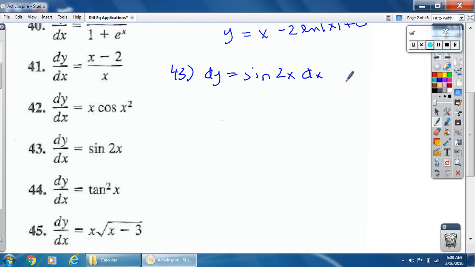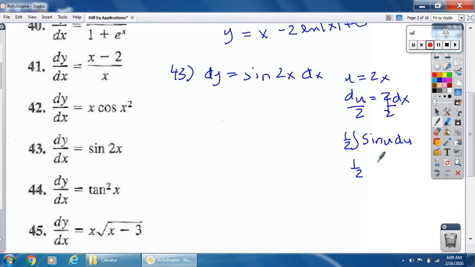I have an inside function, so I'm going to let u equal 2x. du is equal to 2 dx, and I do not need that 2, so I'm going to divide that out. So I'm going to get 1/2 sine of u du.